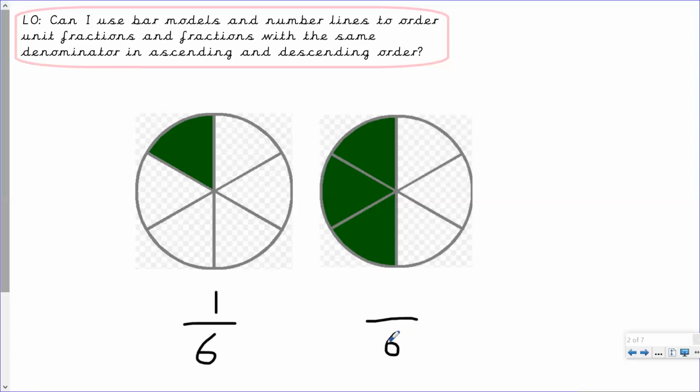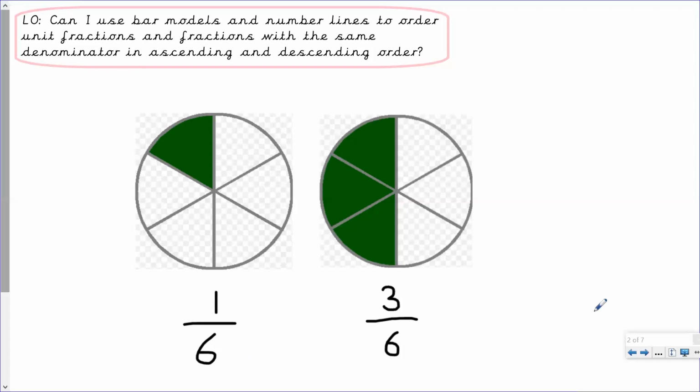But this time it's no longer a unit fraction. They have the same denominators, but this was a unit fraction, and this has 1, 2, 3 parts that are shaded. So this is a non-unit fraction. What do you notice between the two fractions? Did you notice that the denominators were the same?